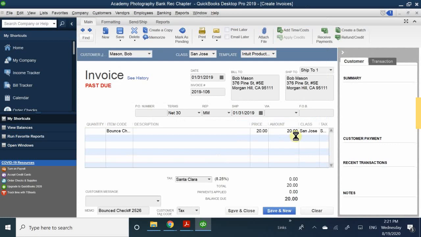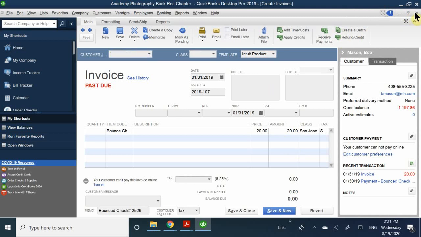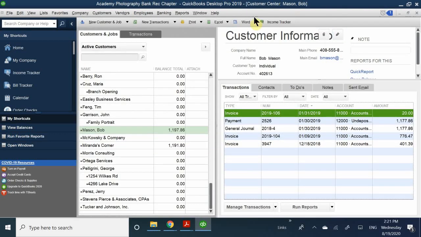Okay. So what you're going to notice is the invoice. Oh wait, this is the bounced check. So we're going to charge him an additional $20, right? But hold on, this isn't it. We're looking for the original invoice.